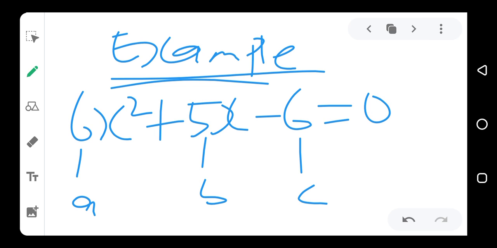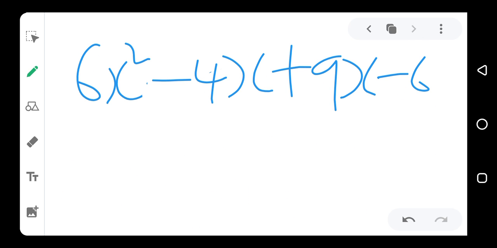We still have the c, but b will replace it with the factors that we've got. So we have 6x squared minus 4x plus 9x minus 6. Everything is equal to 0. So we group them.